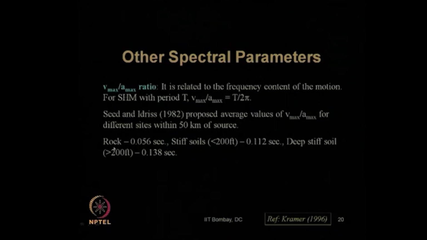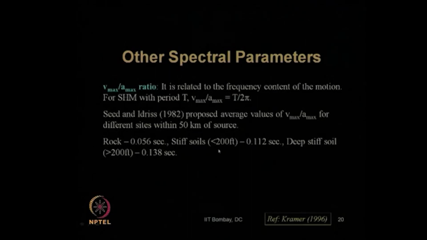For rock, they have mentioned this value of the Vmax by Amax ratio. And remember, what will be the unit of this? It will be the unit of this T, that is in seconds, is it not? So, for a rocky site, the typical value is 0.056 second.